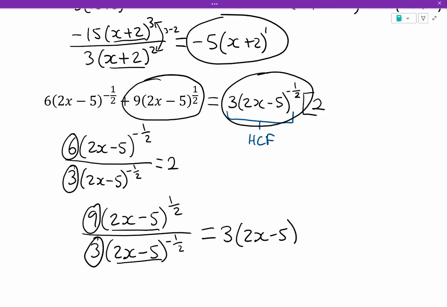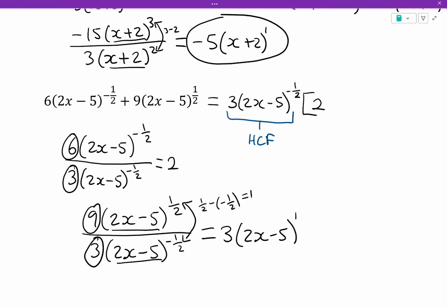And because we're dividing, we need to subtract our powers. So the calculation I need to do is positive a half subtract negative a half. That's going to become addition, so a half plus a half is 1. Therefore the power is going to be 1 here. And this is going to be the second term in my square brackets. So let's write it in. We would have plus 3 lots of 2x subtract 5. I don't need to write power of 1. If it came out as power of 2, of course, I would need to write it, but because it's power of 1, I'm just going to leave it like that.